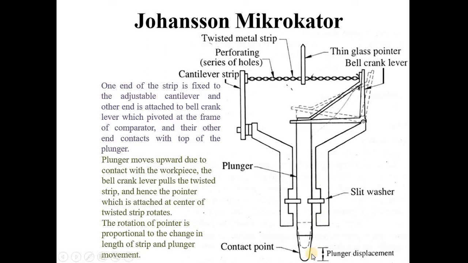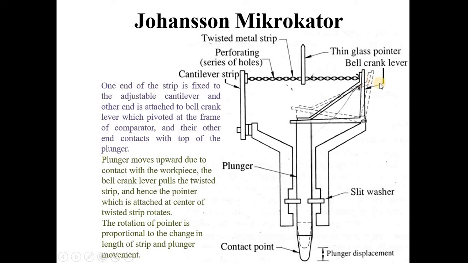So any movement, look at this. This is the original position, and this is the final position. Any movement of the plunger in the upward direction, due to contact with the workpiece, makes the bell crank lever pull the twisted strip. Any vertical movement of the plunger results in rotational movement of the bell crank, and one end of the bell crank is connected with the twisted strip, so it pulls the twisted strip.